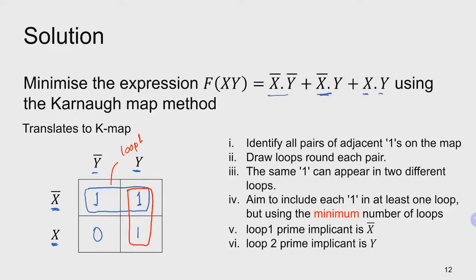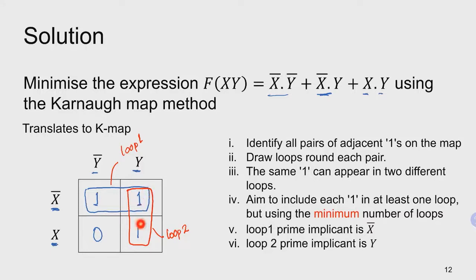And then for loop 2, going vertically. So the variable x changes from x bar to x, whereas the variable y hasn't changed.